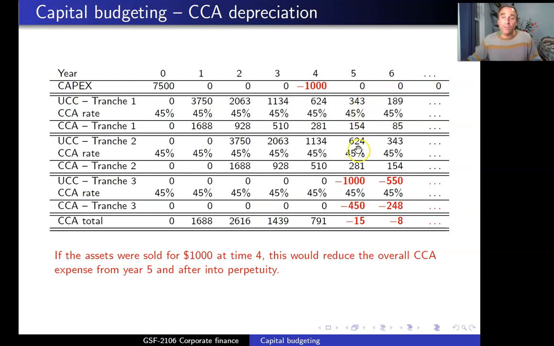So $1,000 is larger than 967, which means that when we subtract the contribution of the asset sale to the CCA depreciation that can be used from the $7,500 bought at time zero, it gives us an overall CCA depreciation of minus 15.